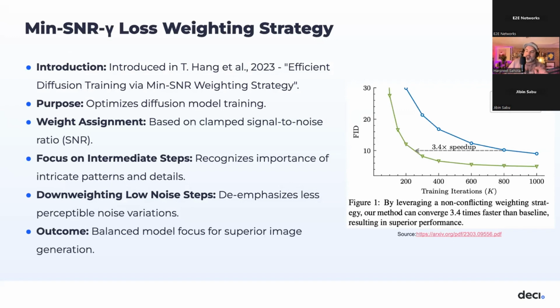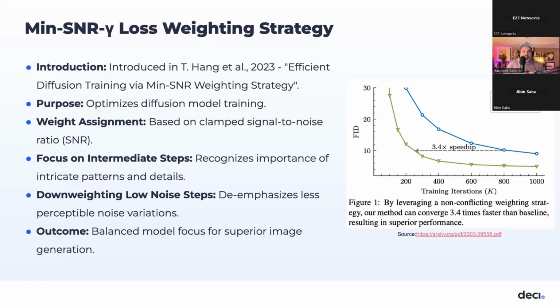So we combine this technique of the cosine beta schedule with the technique here, min signal to noise gamma loss weighting. And this was introduced in a 2023 paper by T. Hang and others called Efficient Diffusion Training via Min SNR Weighting Strategy.